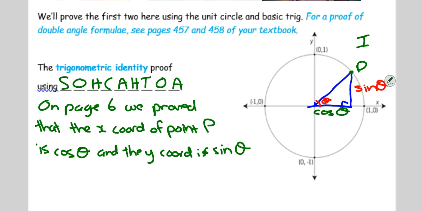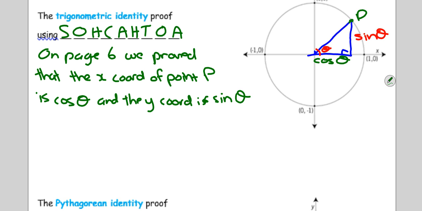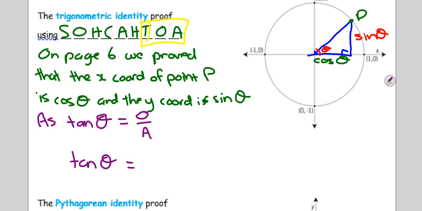So we're not going to bother proving that again. And then the trig identity is for tan theta. According to SOHCAHTOA, tan theta is opposite over adjacent. So we know tan theta equals opposite over adjacent, and on this triangle, what's the opposite of the angle?